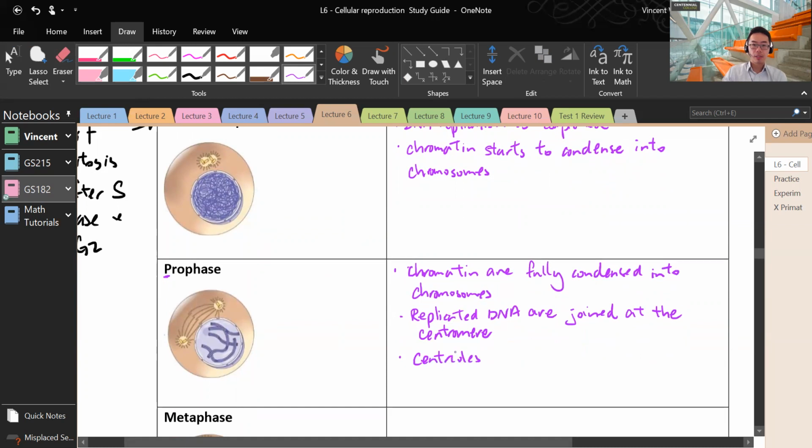Centrioles produce spindle fibers, and start to migrate or move to the opposite pole.